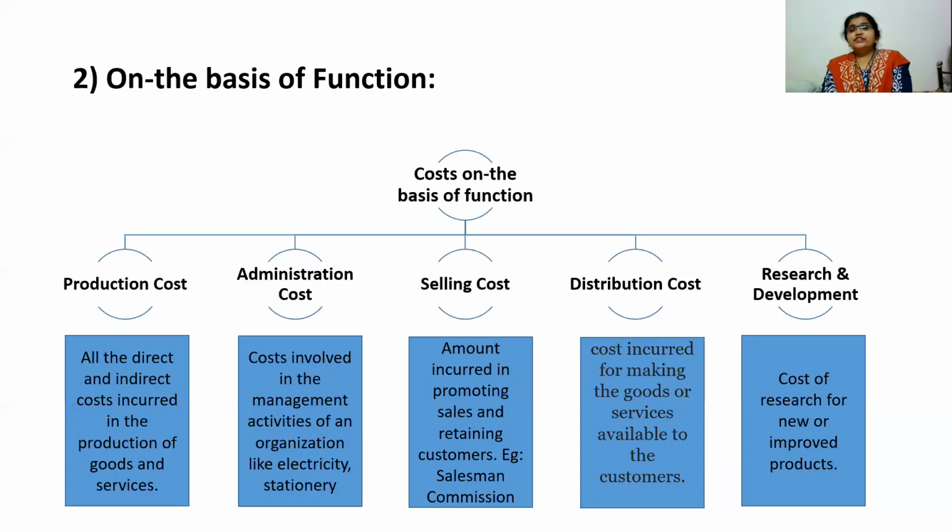Then we have distribution cost, which is incurred for making the goods or services available to the customer. We need to take care to transfer the goods from the manufacturing unit to the ultimate customer. All those expenses come under distribution cost.